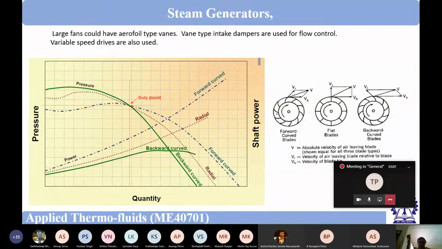So how will this delta P vary with flow rate? That means if I want more flow, what will be my delta P? If I reduce the flow, what will be my delta P? Please have a look at this curve for a few seconds.